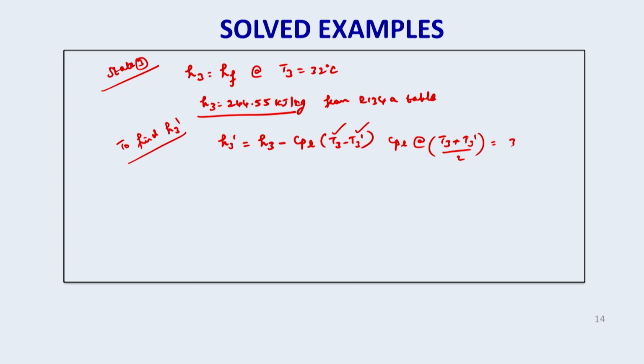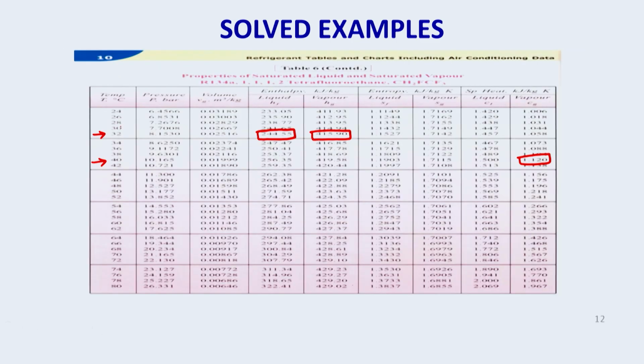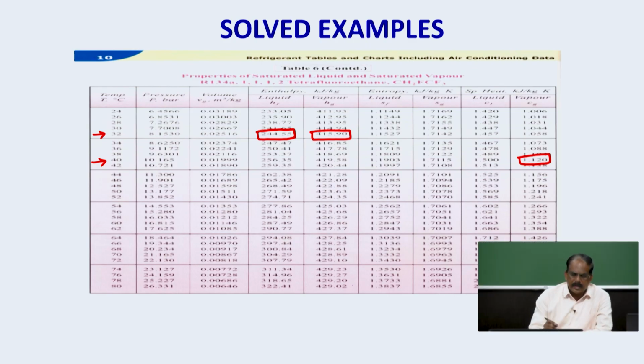T3 is 32, T3 dash is 26, divided by 2. That is 58 by 2, which is 29 degrees centigrade. So Cp of liquid: temperatures 28 and 30 are given. We need to find it for 29, so we have to take the average.